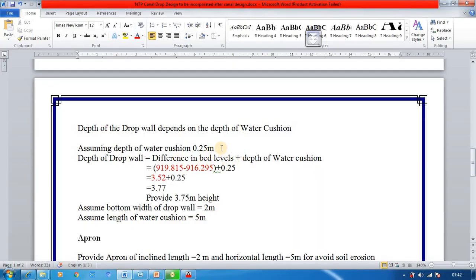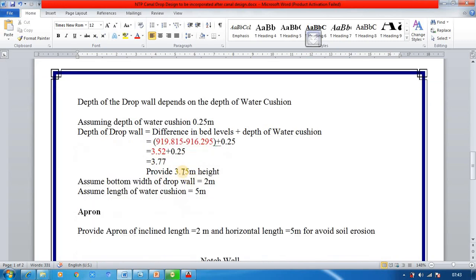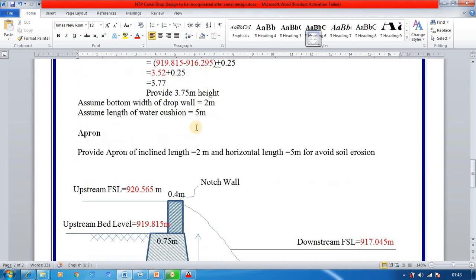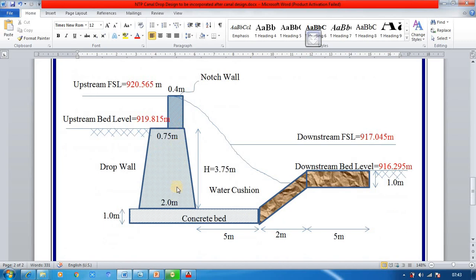The depth of water cushion can be assumed equal to 0.25. Therefore the total depth of the wall will be equal to the difference in the bed levels of upstream and downstream, which is 919.815 minus 916.295, which is equal to 3.52, plus 0.25, which is equal to 3.77, and make it 3.75. So therefore provide 3.75 depth of the drop wall.